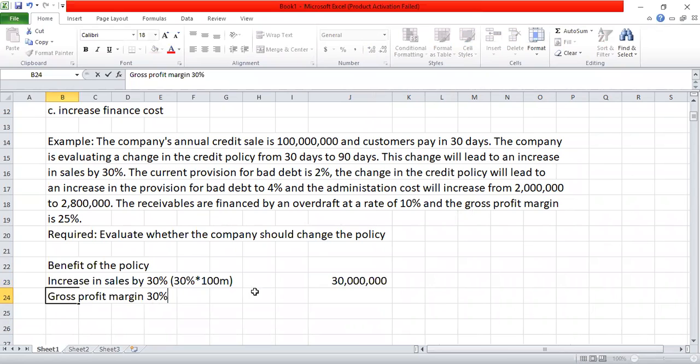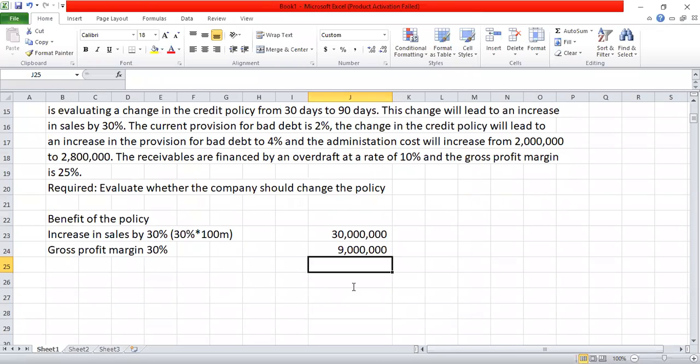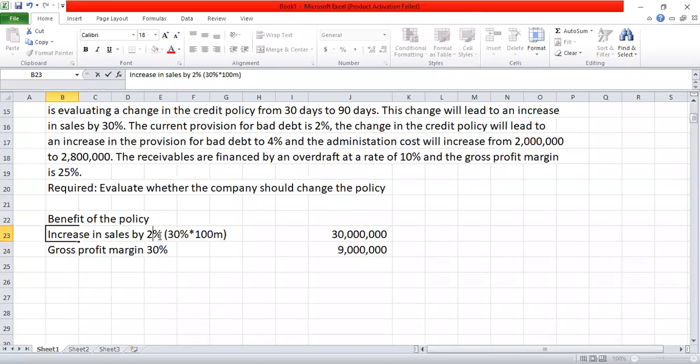So our gross profit will be this times 25%. That is going to be the gross profit on the sales, or the profit on the sales.